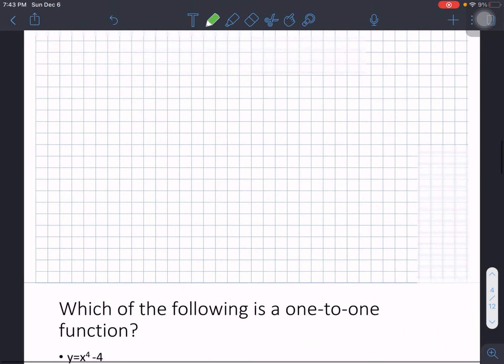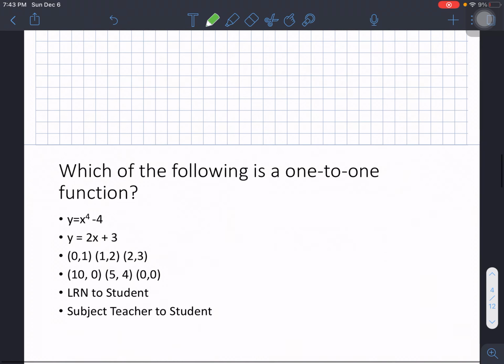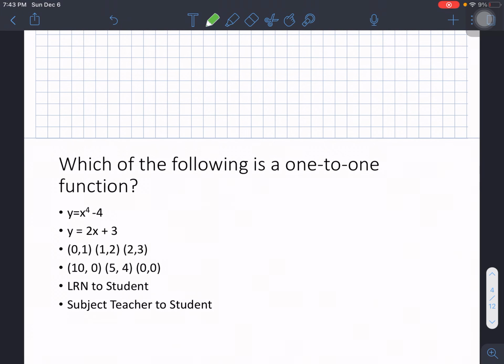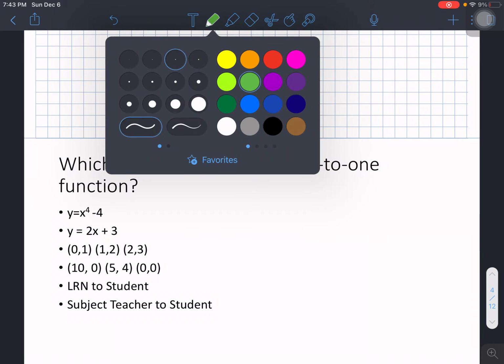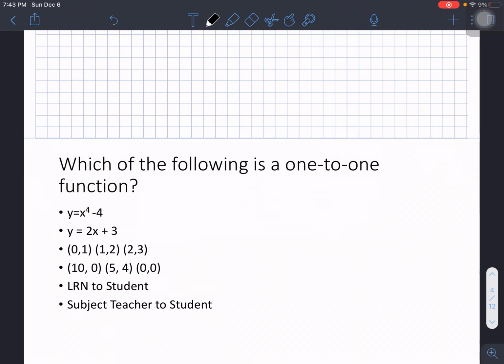Let's have other examples, but not in graph form. Which of the following is a one-to-one function? y is equal to x raised to 4 minus 4. I just check the exponent of the variable x, because we only have one x here. The variable x has an even numbered exponent.